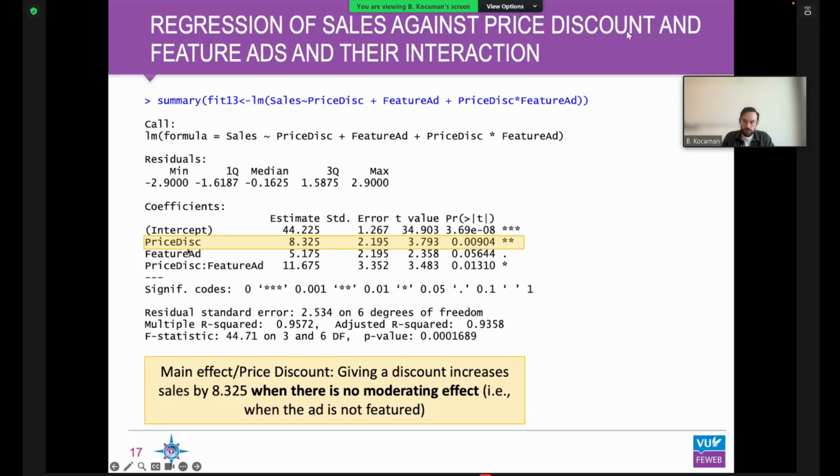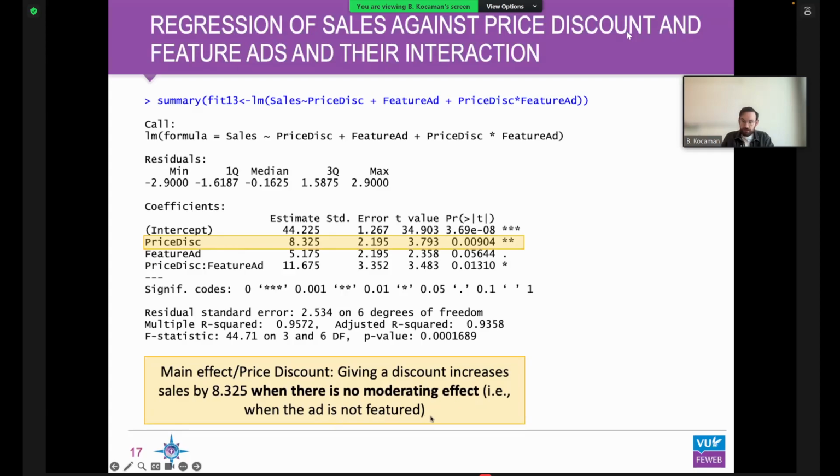But if you want to only understand the main effect or interpret this coefficient that you see here, this is the level of price discount effect. So the increase in sales when you have price discount, when there is no moderating effect.